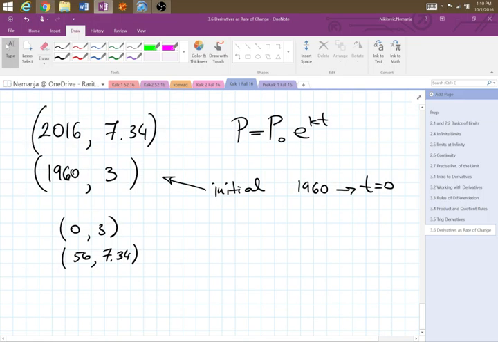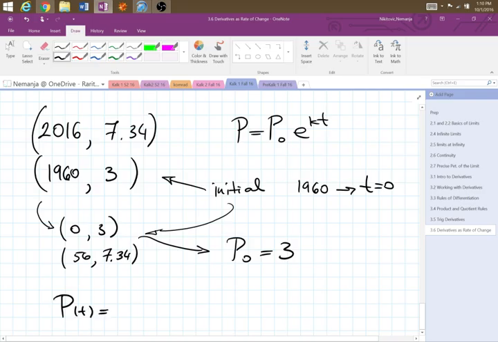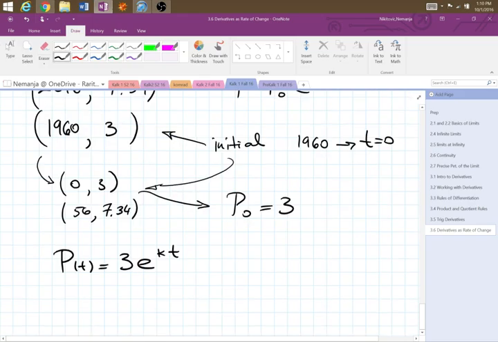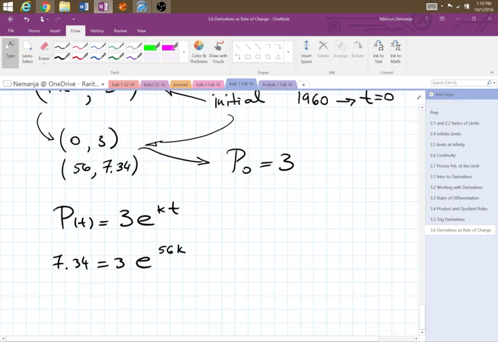So now, since this is our initial point, this one transformed into that, that one immediately gives us that P0 is 3. So population in time is 3e to the kt. Now I can use the second point and say that 7.34 billion is equal to 3e to the 56k. And we can compute the k, which is the rate of growth.